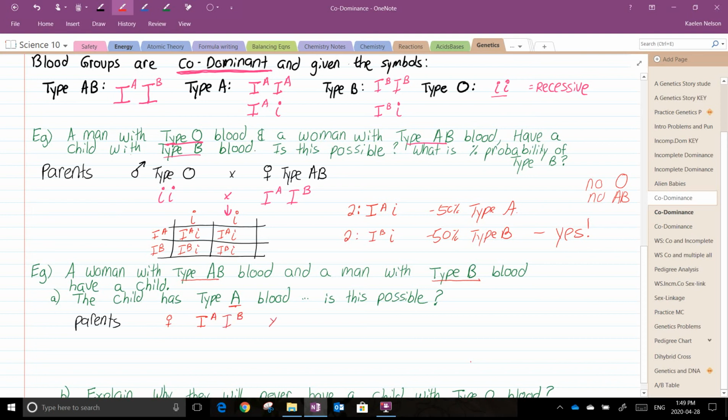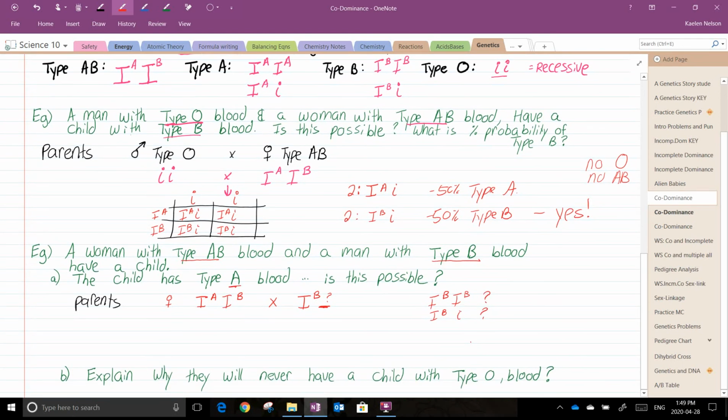My man is type B, so I know he has one capital B, but I don't actually know what his other gene is, because to be type B, you can have two capital Bs or a capital B and a recessive, and I actually don't know what that one is.